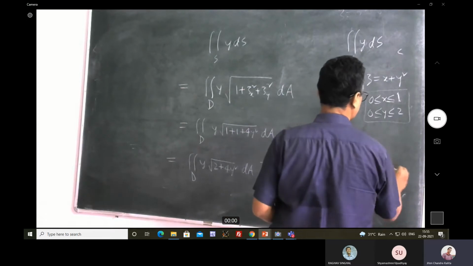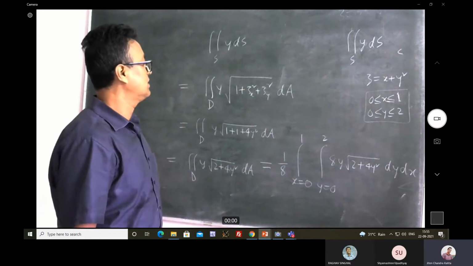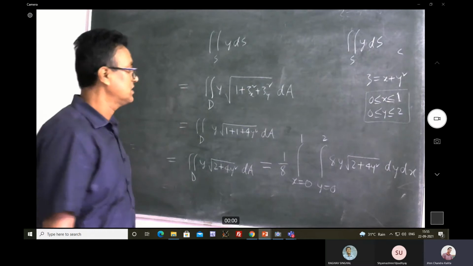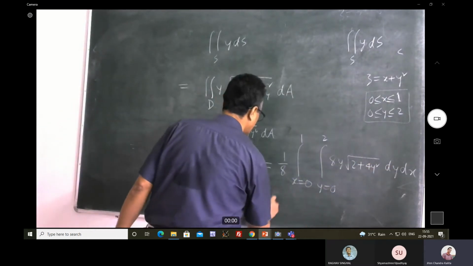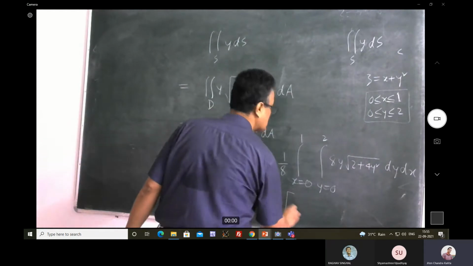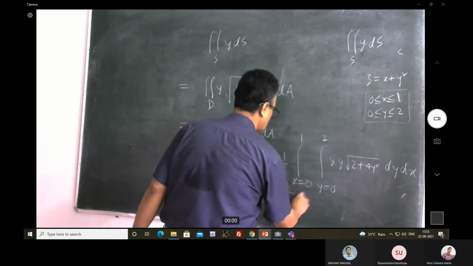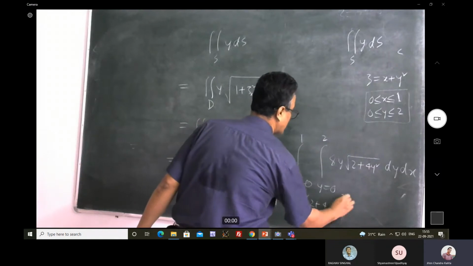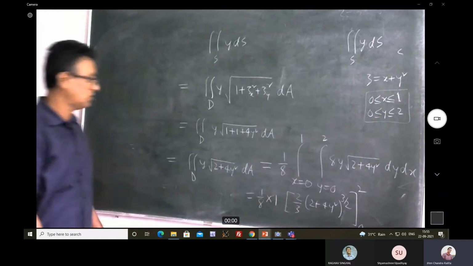It doesn't make any difference, because you know that here the function is of variable separable type, right? So this is simply going to be 1 by 8 into 1 for the x part, and for the y part it is going to be 2 by 3 times (2 plus 4y squared) to the power 3 by 2, from 0 to 2. So you just work it out.